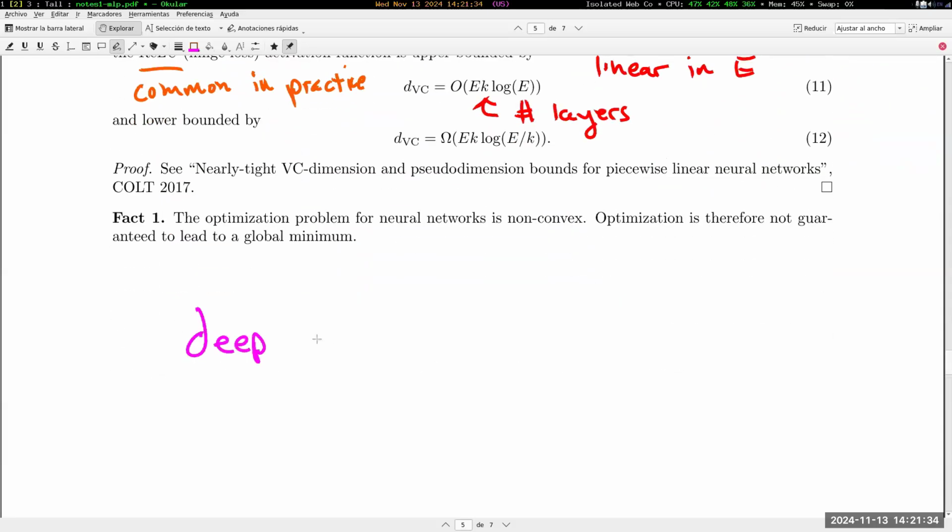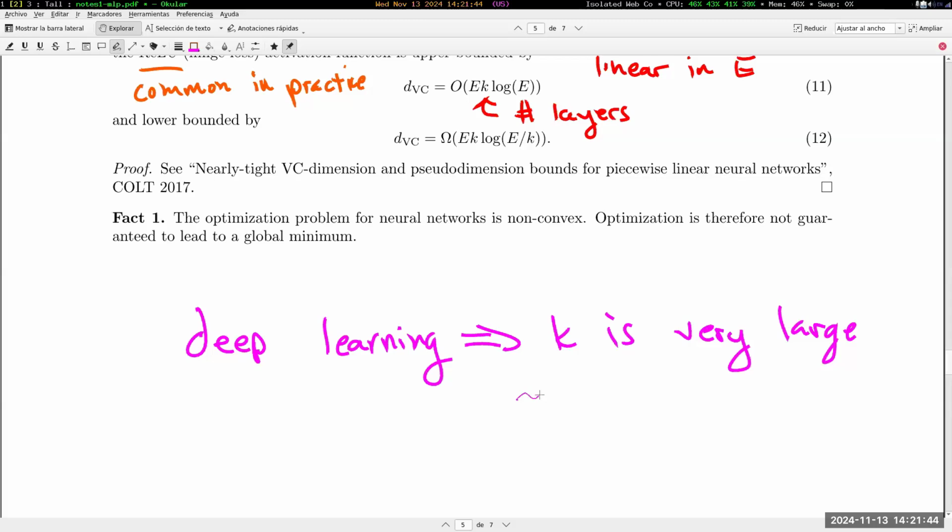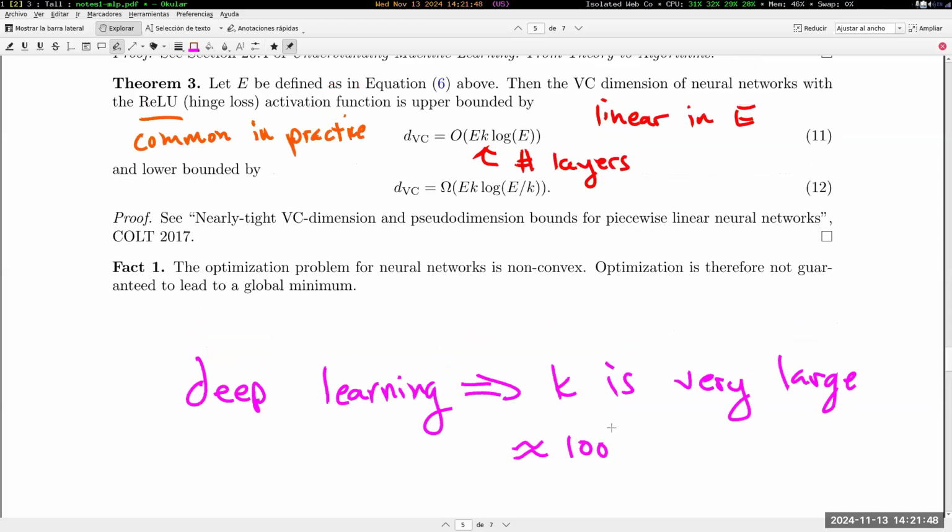So one of the ideas of deep learning is K is very large. Typical values are about 100. And so this is making your VC dimension much larger, so having even more powerful, more complex models.